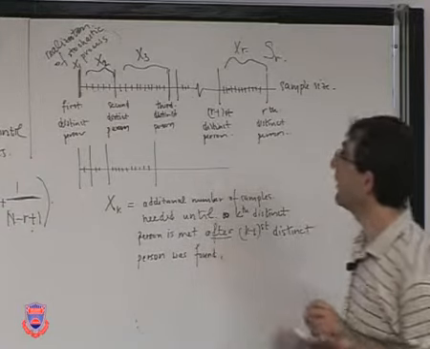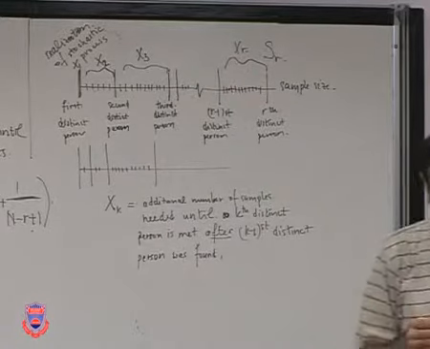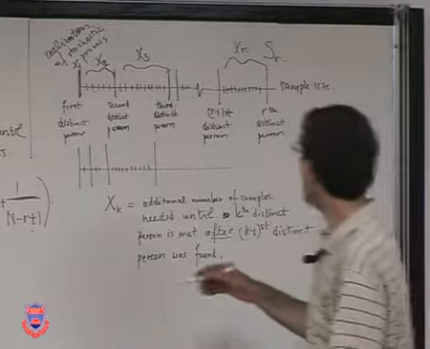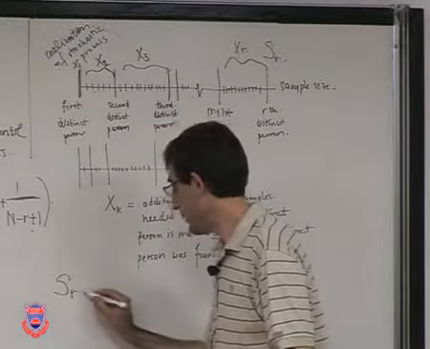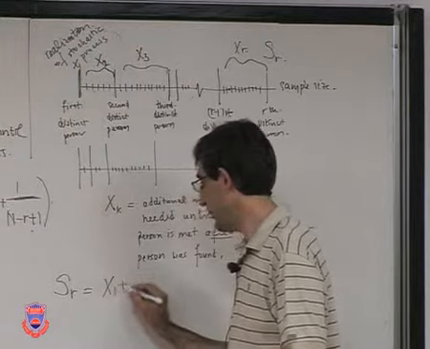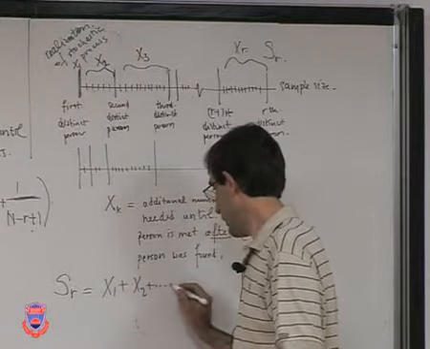The xk is somewhere in between. Now, if I define it like this, then SR is what? It is the sum of x1, x2, up to xr.